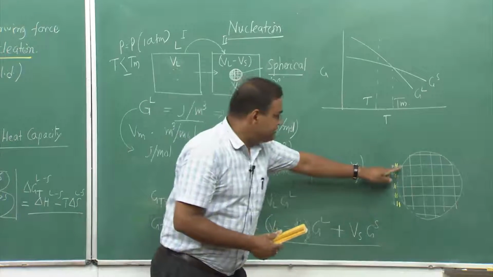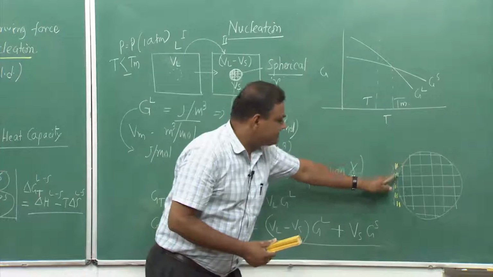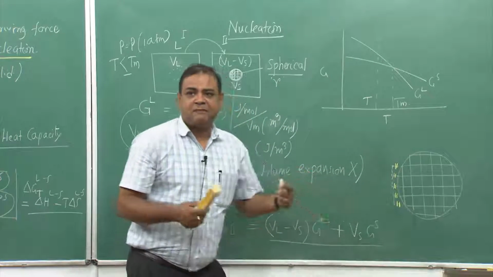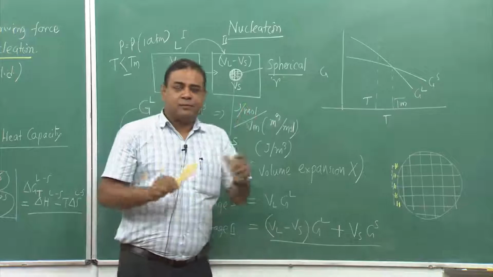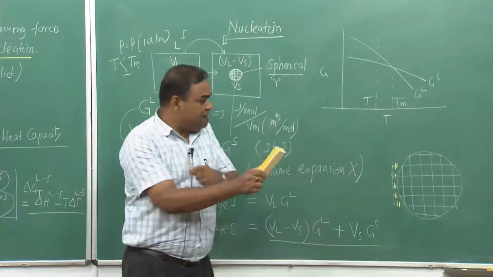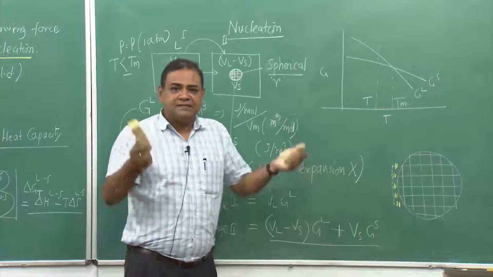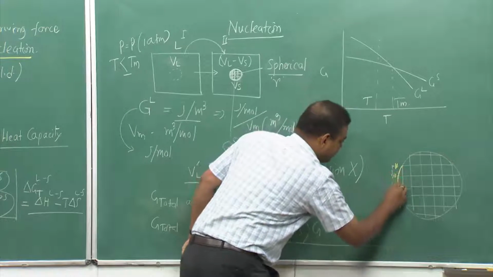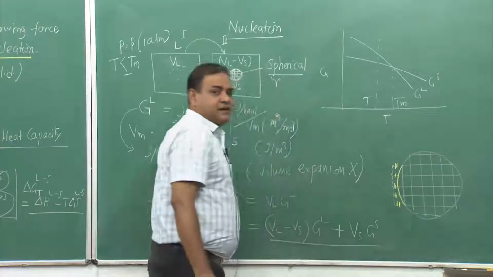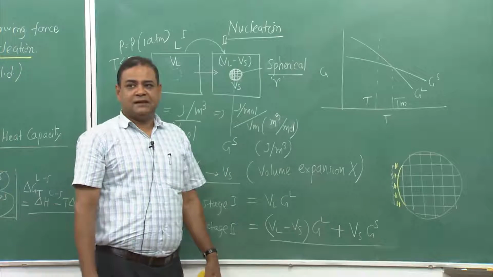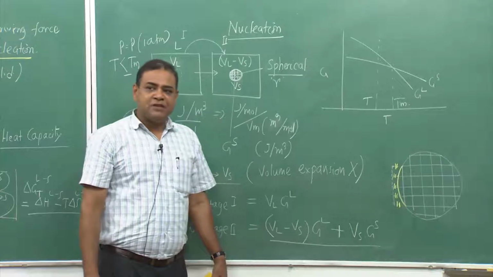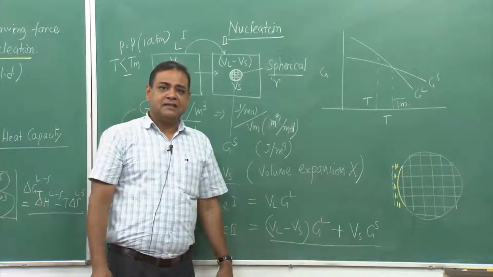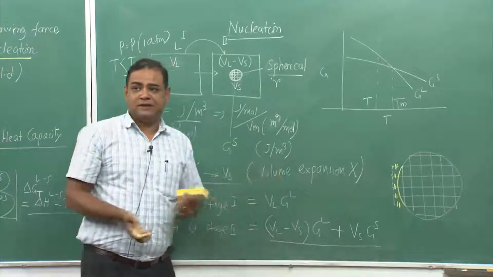So whenever I have an interface, as if I can say that arms are broken, and if arms are broken, I have enhanced the energy. So this particular line increases the system energy. So if something increases the system energy, that we can consider as a positive energy.